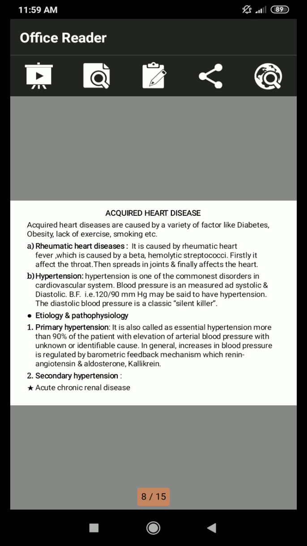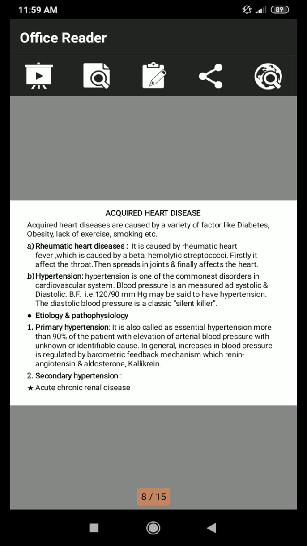In general, blood pressure is regulated by baroreceptor feedback mechanisms with renin-angiotensin, aldosterone, kallikrein, and the sympathetic system. Essential hypertension may disturb barostatic messages, causing the arterioles to respond improperly.